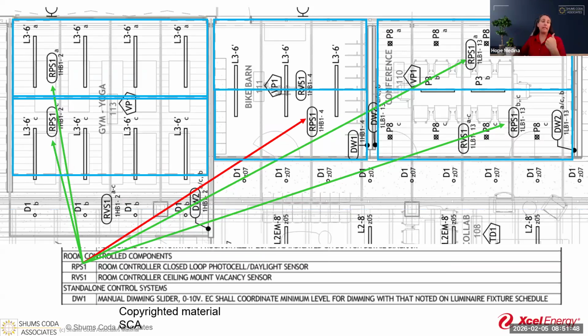And you can see that on these plans, they designated where their daylight zones are, and they did a great job in this zone, this zone, this zone, and this zone. The problem is in this zone right here, they only have a single daylight responsive control shown on the plans.